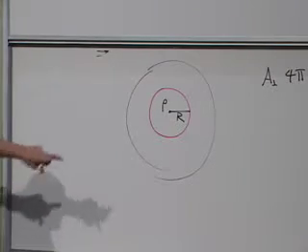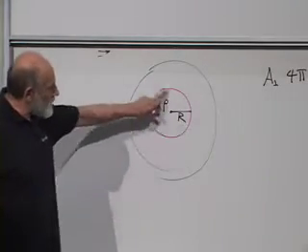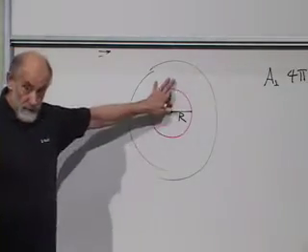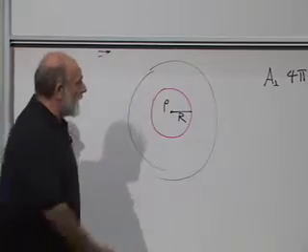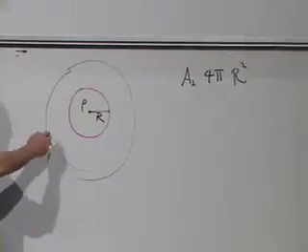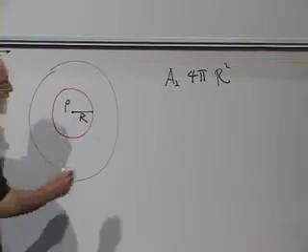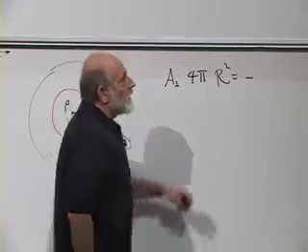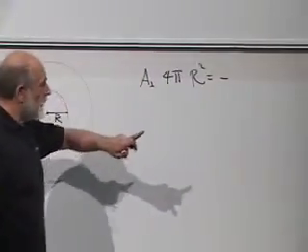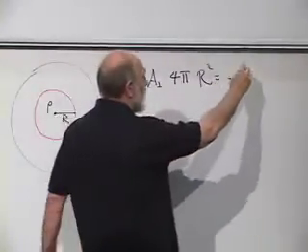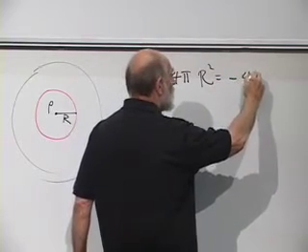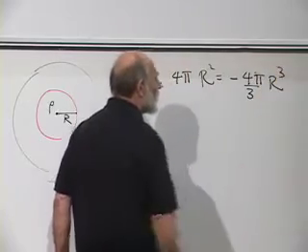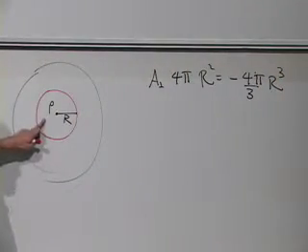the Earth. Then how much mass is inside this red region here? It's not the total mass of the Earth now. It's different. So let's calculate it. It's the volume of the sphere times the mass density. This is equal to minus the mass within the sphere, and the mass within the sphere is the volume of the sphere, 4/3 pi r cubed, times rho.